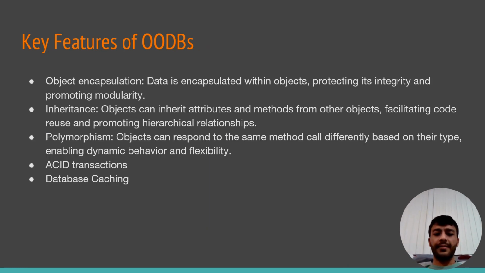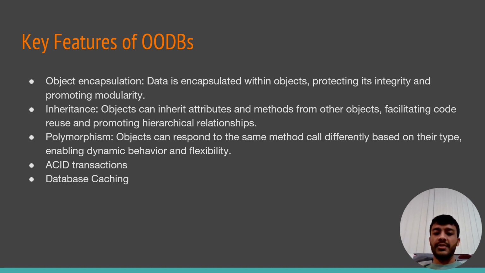Let's take a look at the features of object-oriented databases. Similar to object-oriented programming, an object-oriented database also has object encapsulation, inheritance, and polymorphism. In object encapsulation, data is encapsulated within objects, protecting its integrity and promoting modularity.